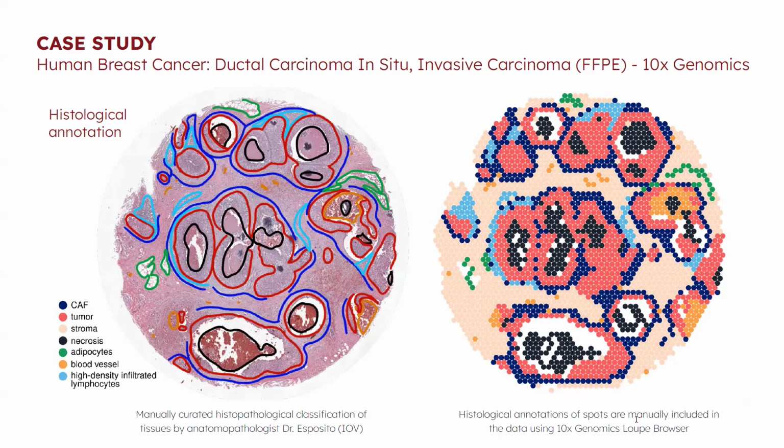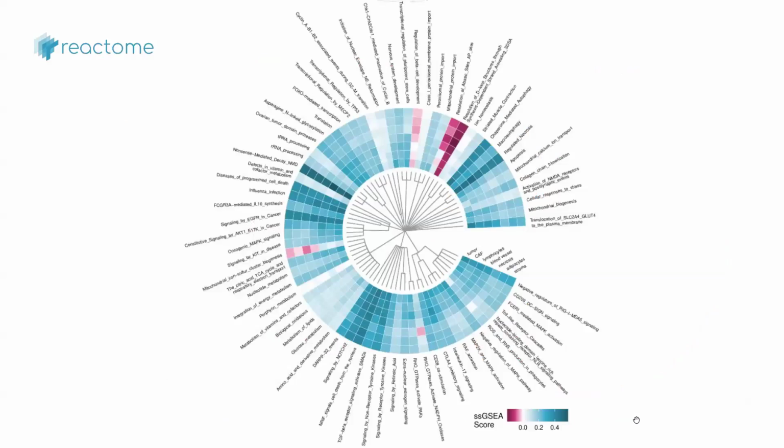You can apply mitology on that. For example, here I'm showing you the results obtained with the Reactome database. Just to sum it up, I'm not showing you all the scores obtained for each spot, but I'm taking the median for each annotation type. So you can see them divided by tumor, stroma, lymphocytes, blood vessel, necrosis, and so on. I don't know if you can read them.